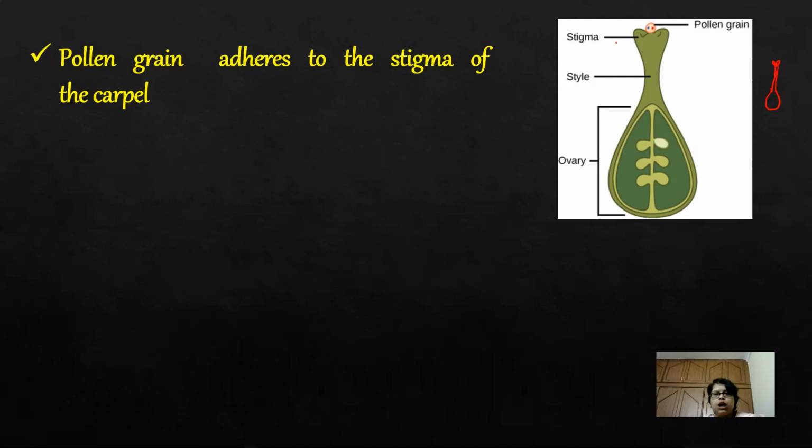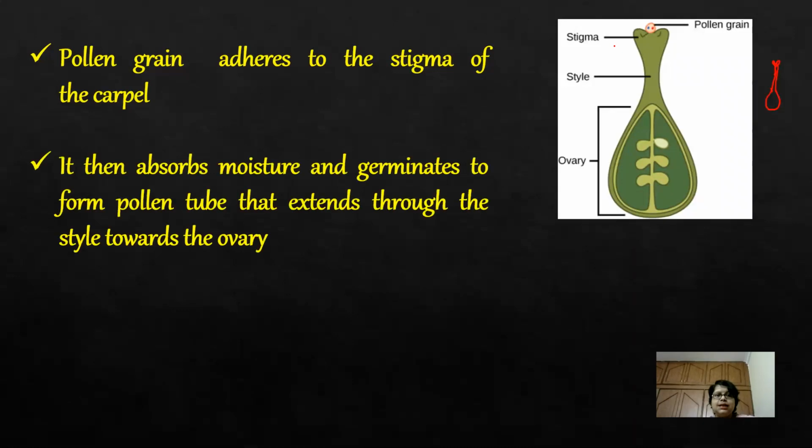Thereafter, what happens? It absorbs water or moisture and then germination of the pollen tube starts, and that pollen tube starts to travel or extend downwards.